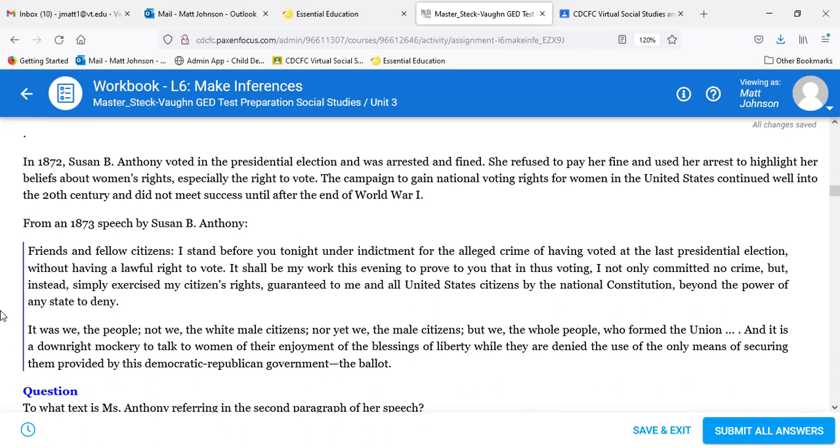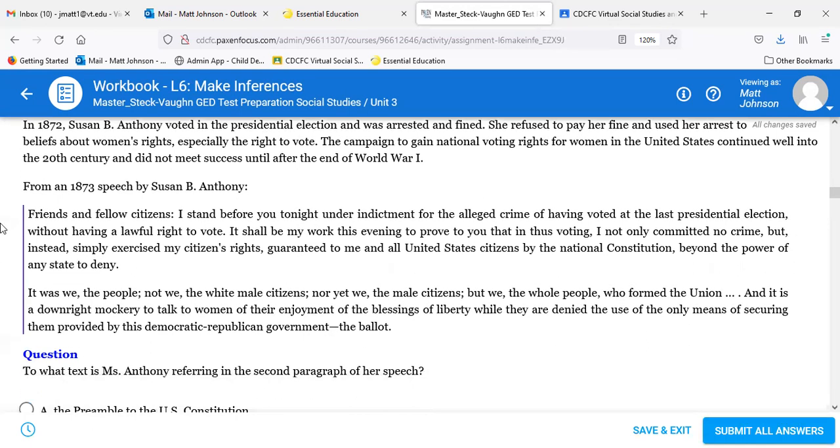exercised my citizen's right, guaranteed to me and all United States citizens by the national Constitution, beyond the power of any state to deny. It was we, the people, not we, the white male citizens, nor yet we, the male citizens, but we, the whole people, who formed the Union.